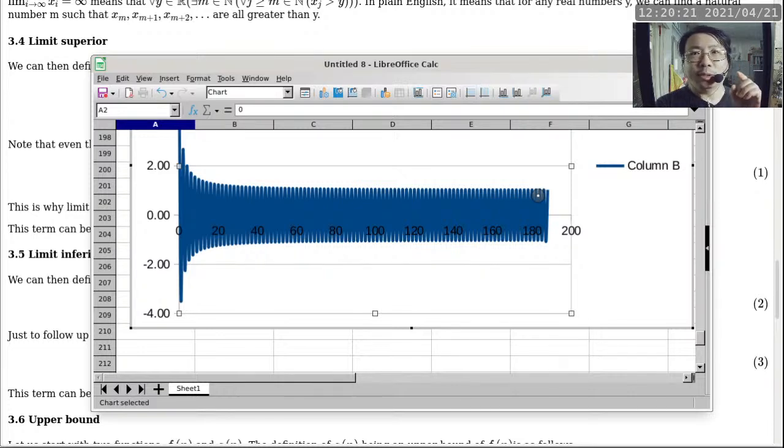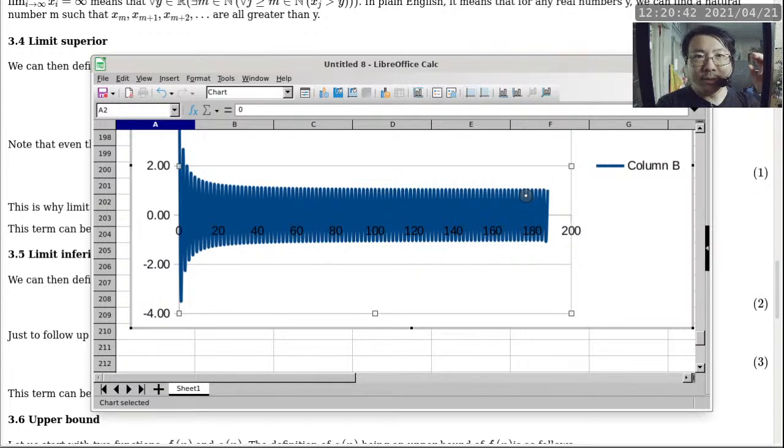But we have a limit superior, which is basically sort of 1, and then we have a limit inferior, which is sort of -1. In other words, as the sequence keeps going and going, we can identify an envelope that contains the oscillation itself.